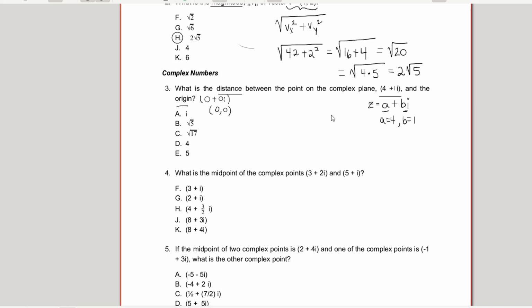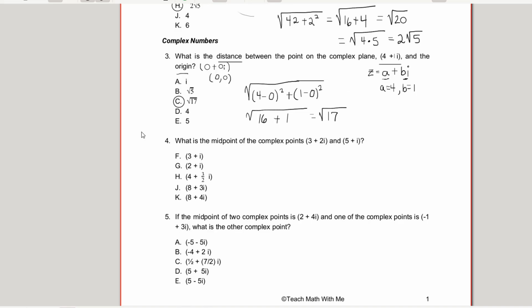So when we're looking at the distance, we're looking at the square root of, it's almost like we do it with our points, 4 minus 0 squared plus 1 minus 0 squared. Now we'll work that on the inside here. We'll end up getting 4 squared, which is 16, plus 1 squared, which is 1, and that is equal to the square root of 17, which is answer choice C.